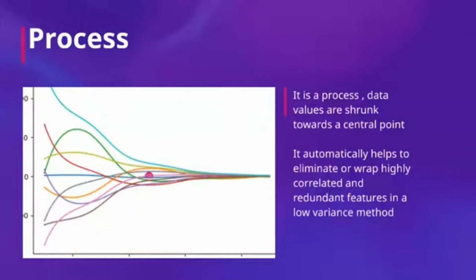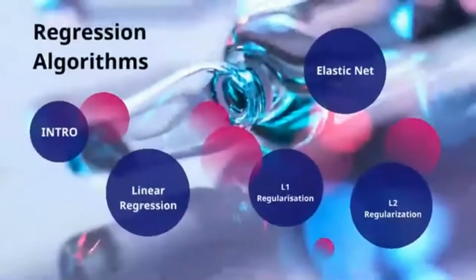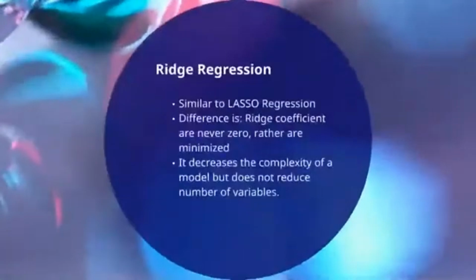But I would also tell you that L1 regularization works well when you have a small data set. We shall see more about this when we do the practical exercise of lasso, ridge, and more regularization techniques.